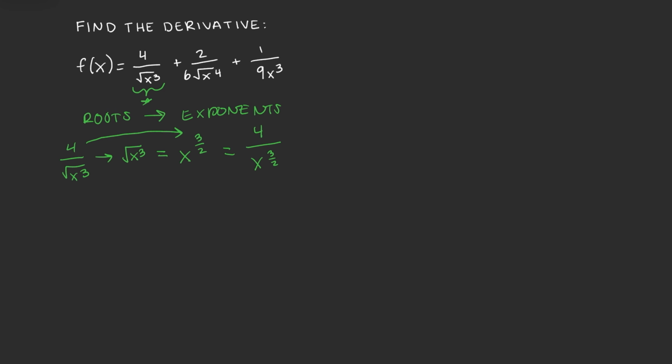But fractions are also hard to work with. So if we rewrite it again, we'll get 4x to the negative 3/2 as the exponent.